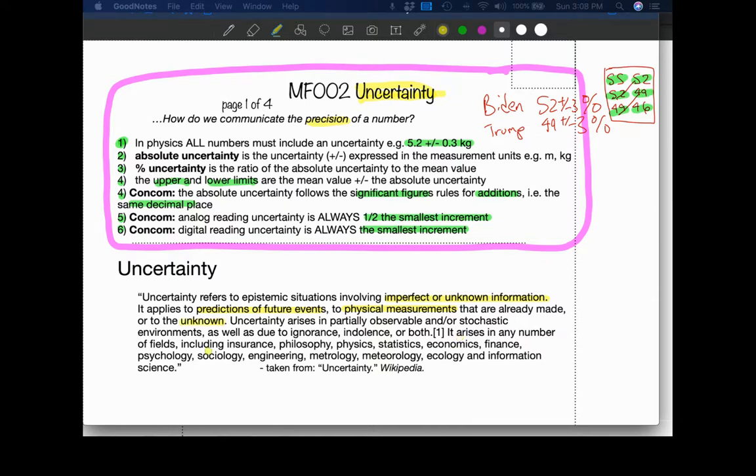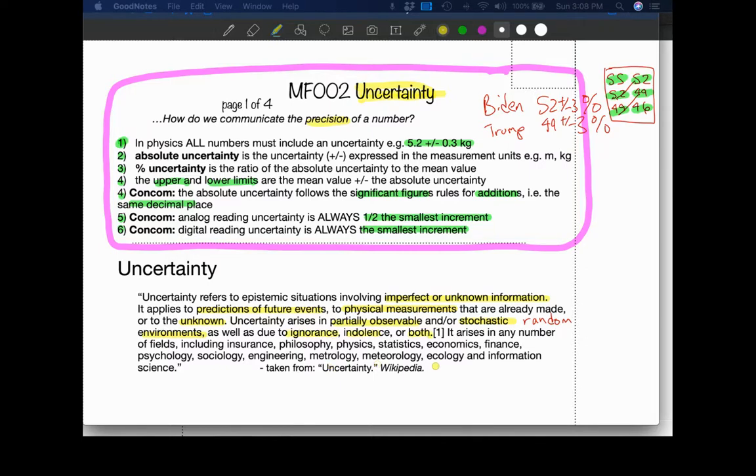This uncertainty comes from things that are partially observed, stochastic environments, and the word stochastic basically means random processes, random effects, as well as, and this is important, due to ignorance, indolence, or both.